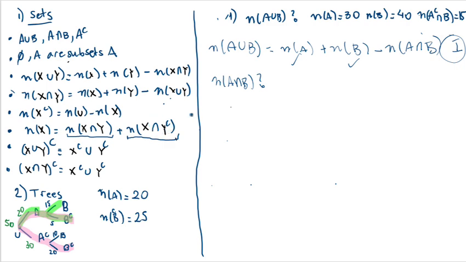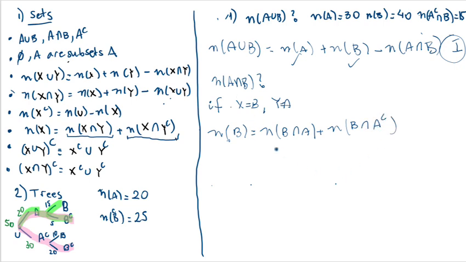So if I call x b and y a to use in this equation, you would come up with the result that n of b is equal to n of b inter a, plus n of b inter a complement.